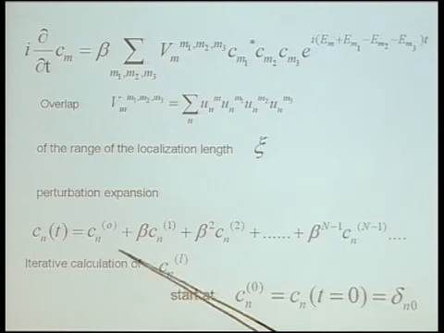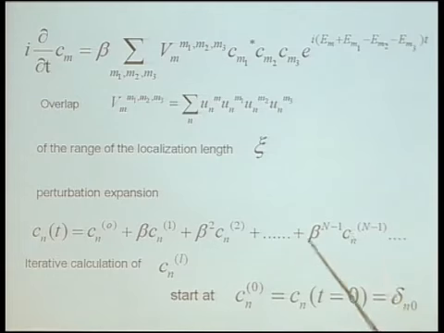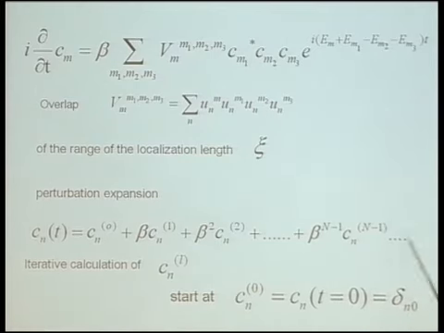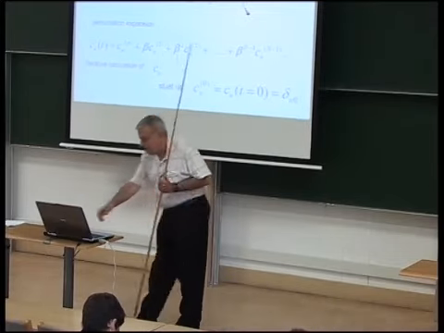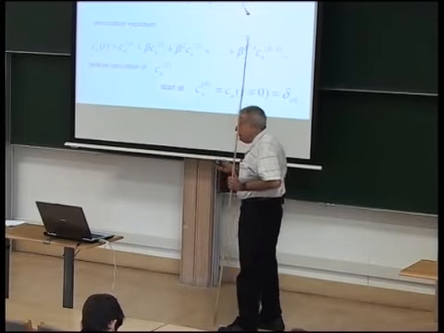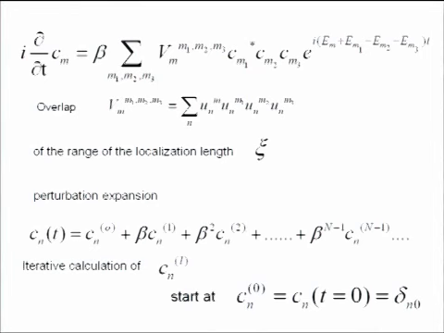Then we introduce a perturbation expansion of the coefficients C in terms of these betas, and we calculate this theory order by order, starting from an Anderson state localized at 0. So this is the strategy, and we'll see how far we can go.